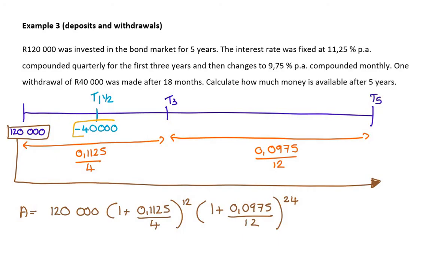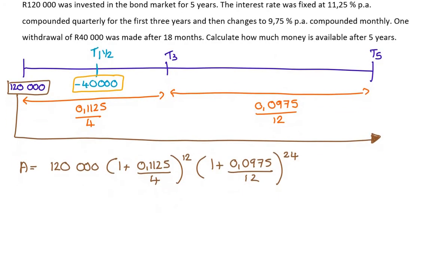Now this 40,000 Rand, which I'm going to subtract in the end, is where I think people get a little bit confused. Why am I moving this 40,000 Rand to the end if it didn't actually earn any interest because you removed it? The reality is, within this 120,000 Rand, if I move it all the way to the end, there's 40,000 Rand in there that shouldn't have been there.